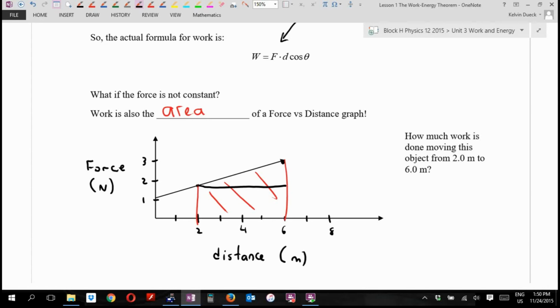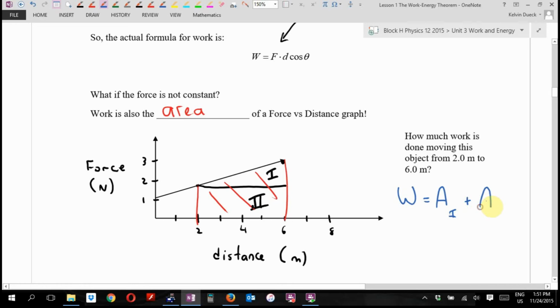So although there is a formula for the area of a trapezoid, in terms of time savings and having to memorize or know an obscure formula, meh. I'm going to call this area 1. I'm going to call this area 2. And the work is going to be area 1 plus area 2.